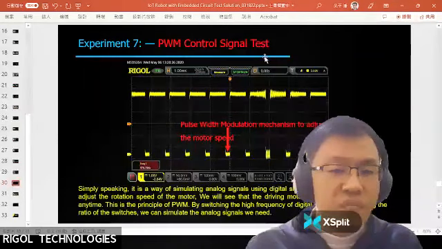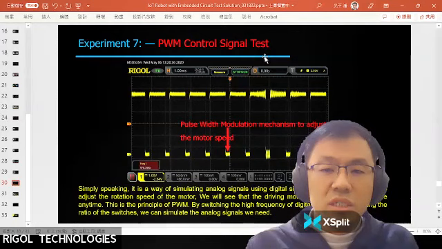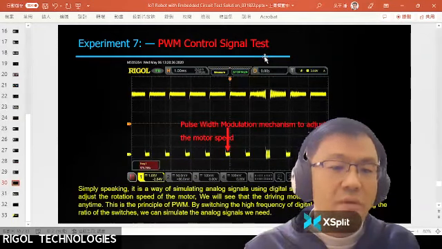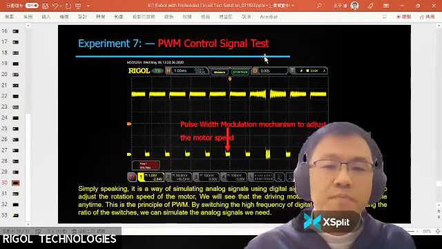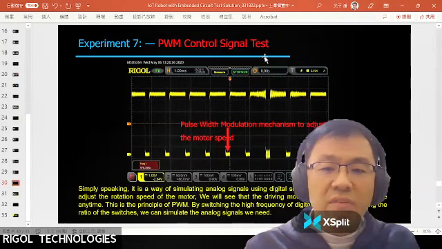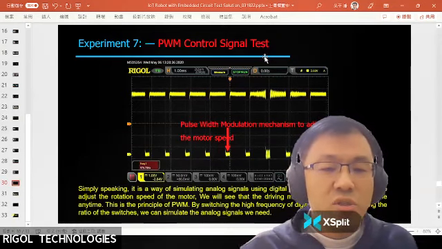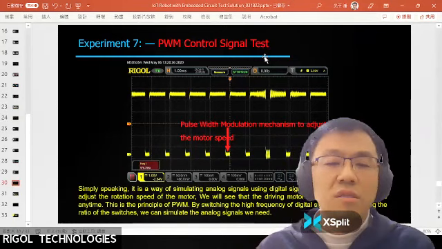Usually we can use it to adjust the rotation speed of the motor. We can see the driving motor speed is slightly variable at any time. This is a simple example of pulse width modulation. By switching the high frequency digital signals and adjusting the ratio of the switch, we can simulate the analog signals as you need.